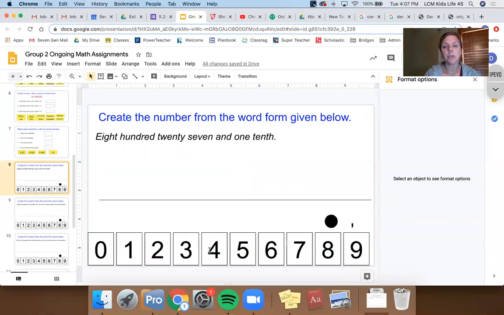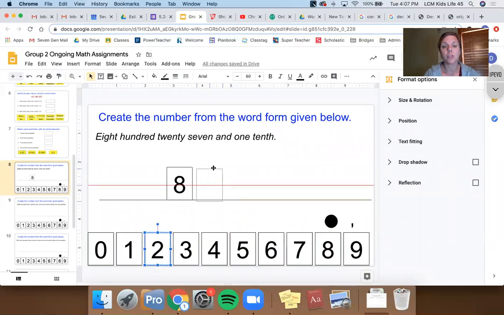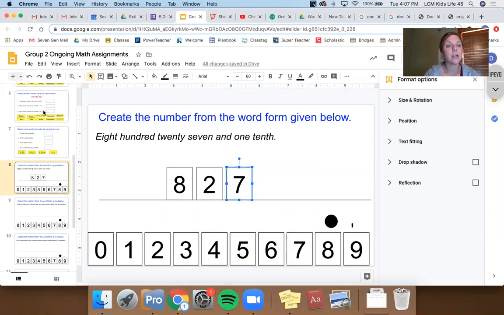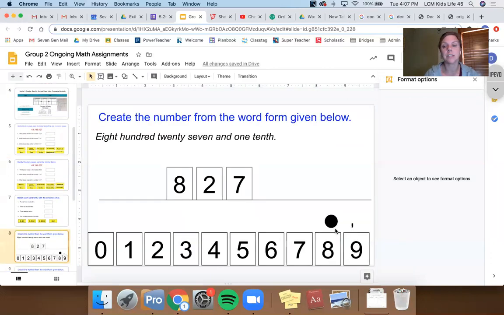Here, what this is asking you to do is make 827 and 1/10. So I would drag this, 827, and then it says and 1/10. So then I would look back here, maybe if I needed help, I could go back to slide 4 and say, oh, that's the tenths, that first one right after the decimal point.